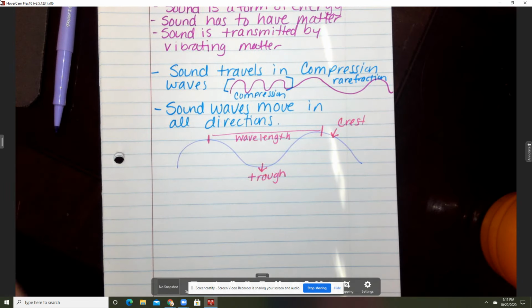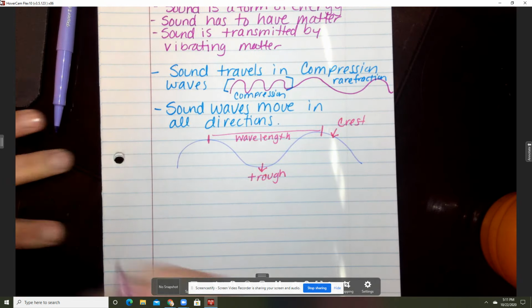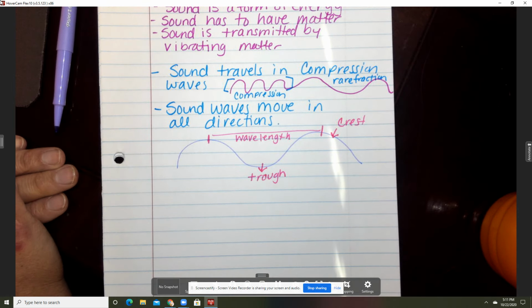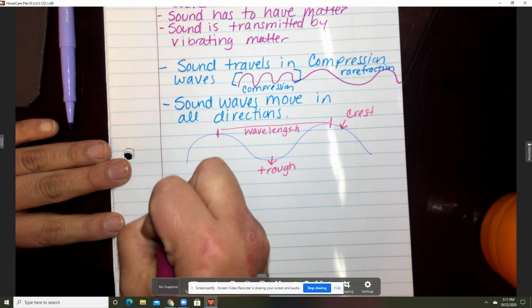So frequency is how low or high the sound waves are traveling. If you have a high frequency, you have a higher wavelength.